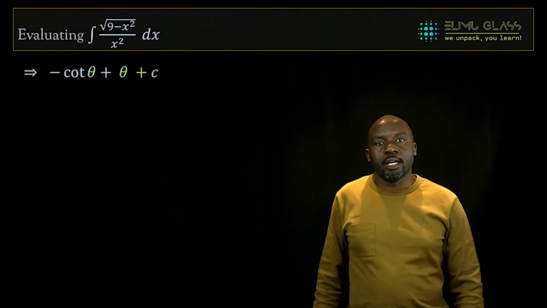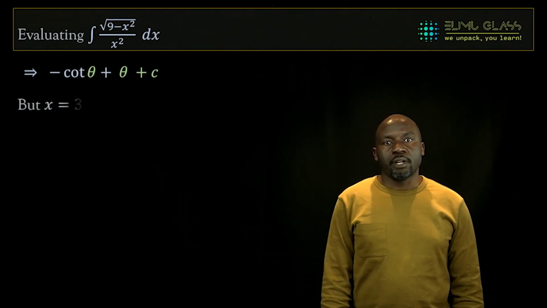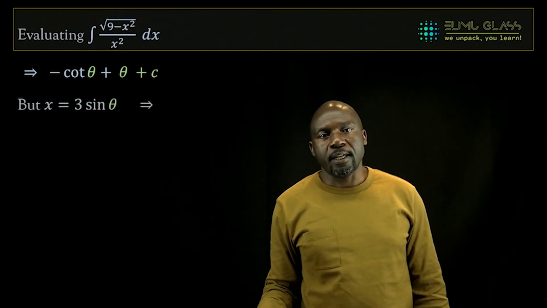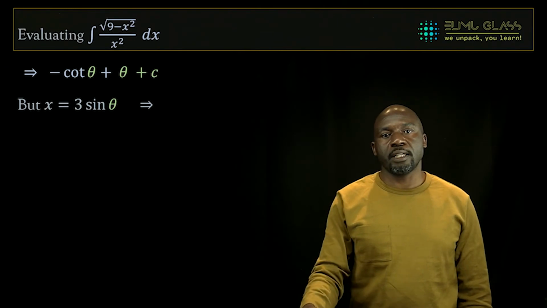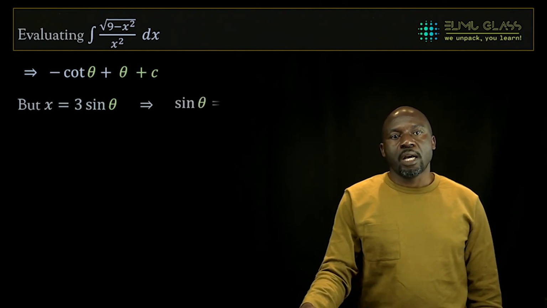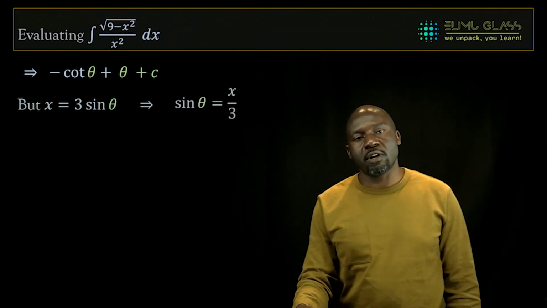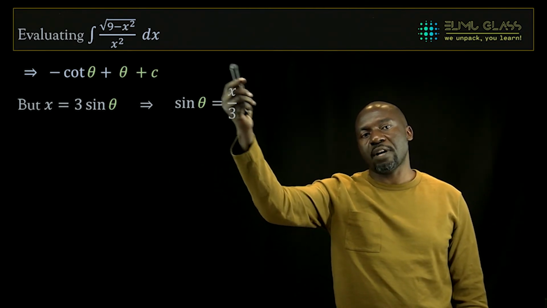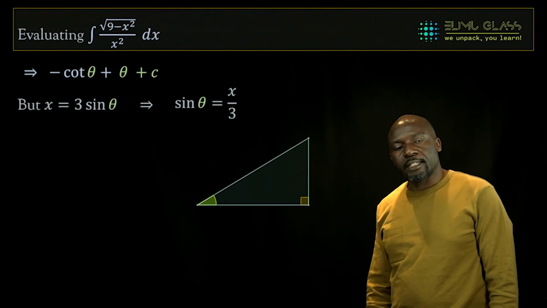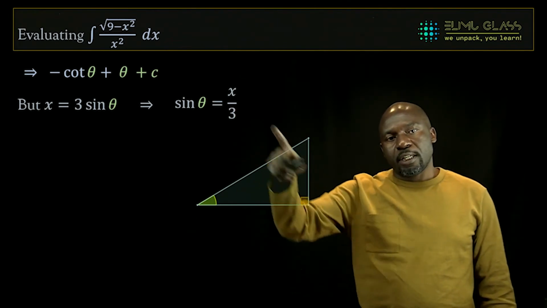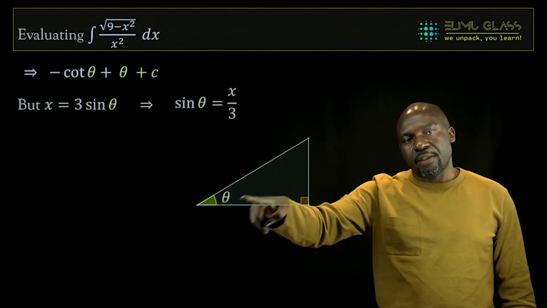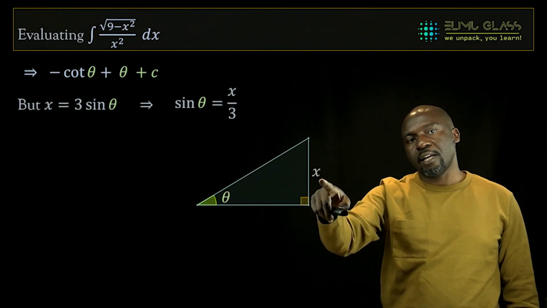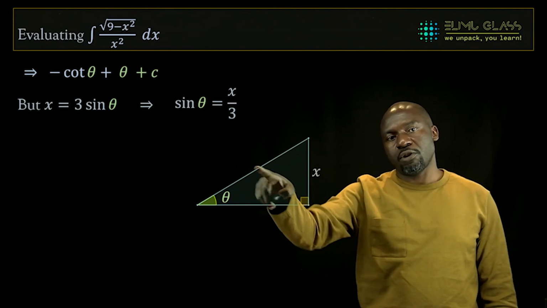Okay, in order for us to find this, well, x is 3 sine theta, so that means sine of theta is x over 3. And so if I draw a right angle triangle and use the definition for sine, opposite over hypotenuse, then the opposite to the angle theta is x, and the hypotenuse is going to be 3.